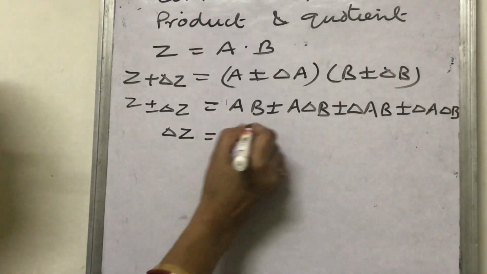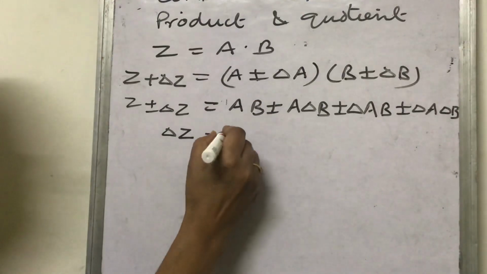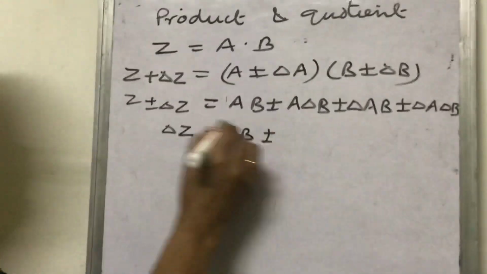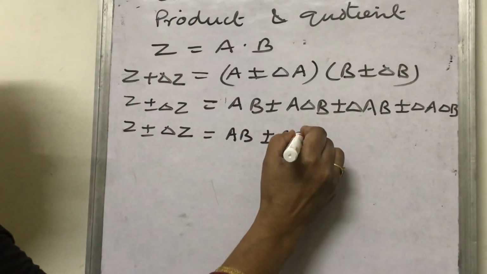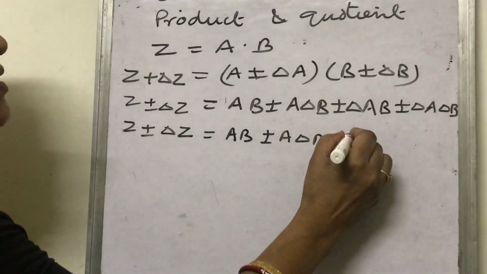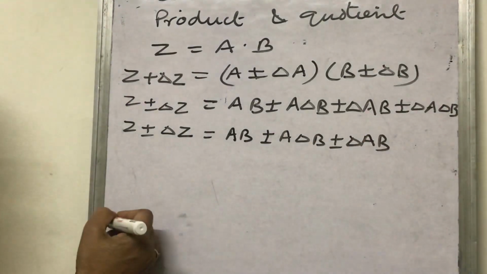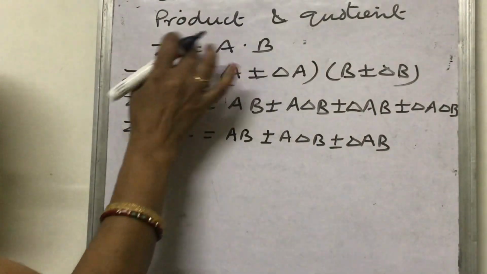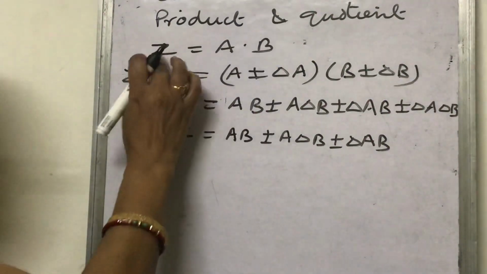And what is here? This is A delta B plus minus delta A B. Now in the LHS you divide with this equation, LHS divided by Z, in RHS divided by AB. What will you get here?